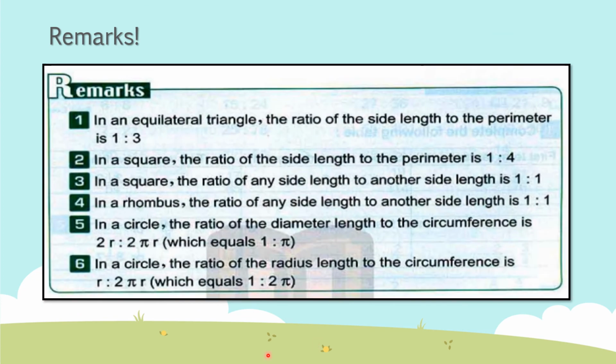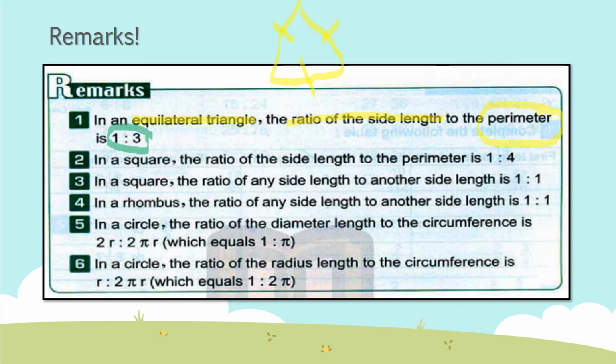So, remarks. As you can notice, if we had an equilateral triangle, which is a triangle where the 3 sides are equal in length, the ratio of the side length to the perimeter is going to be 1 to 3.